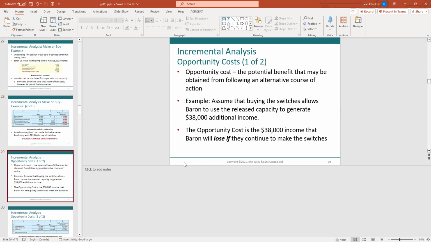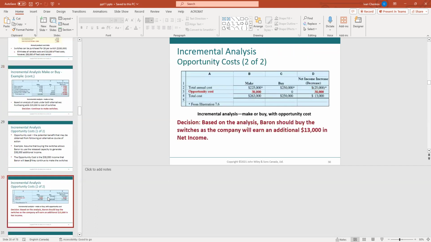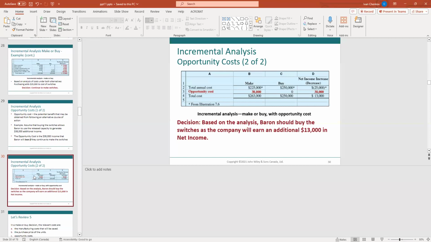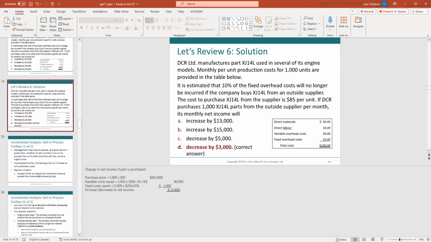And furthermore, it's going to generate income for us of $13,000. So if we decide to buy it and outsource, then we can generate $13,000. That was that question.